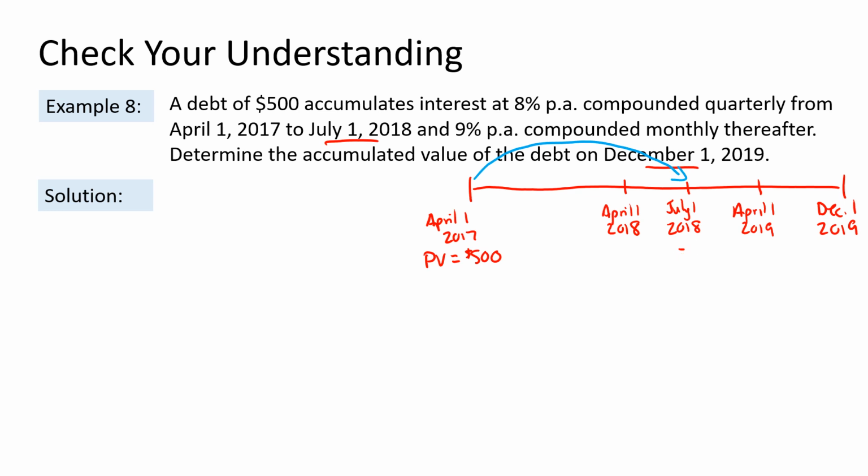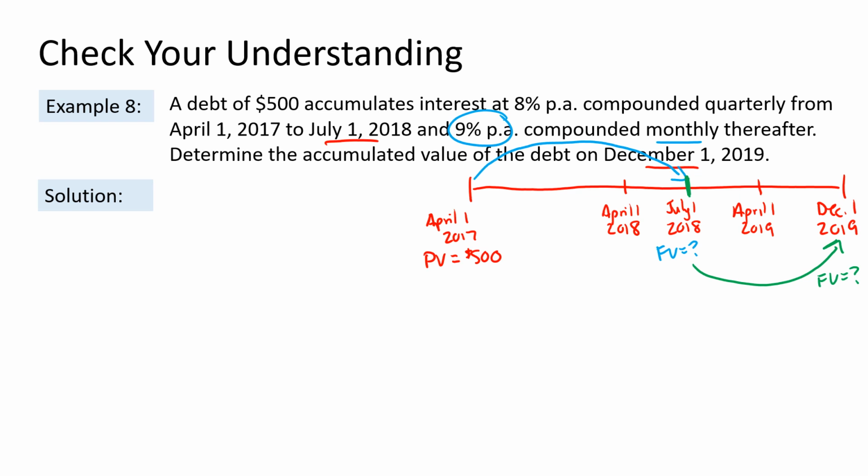I'll change that to blue just so you can see what I mean. Then after that point, it's a different interest rate compounded monthly. So we do a second calculation, moving ourselves once again into the future, to find the future value at this final point, December 1st, 2019.